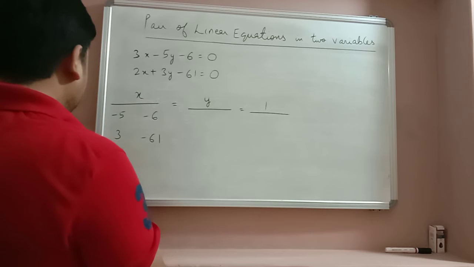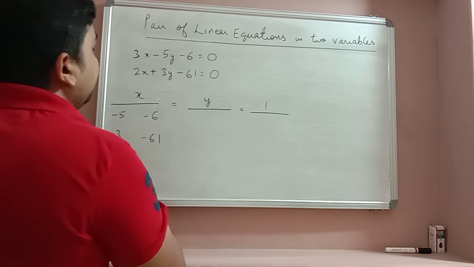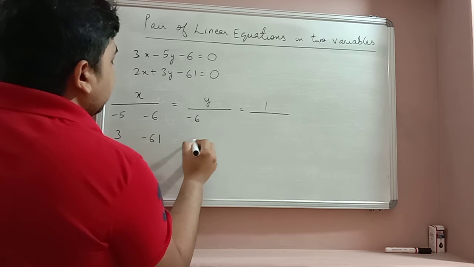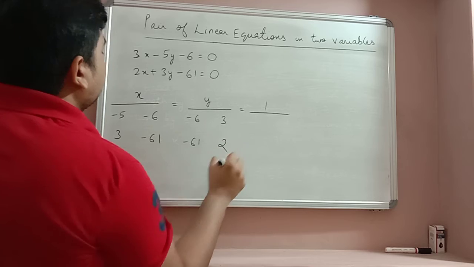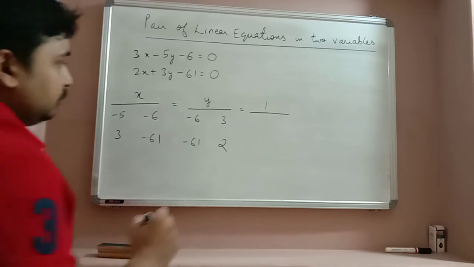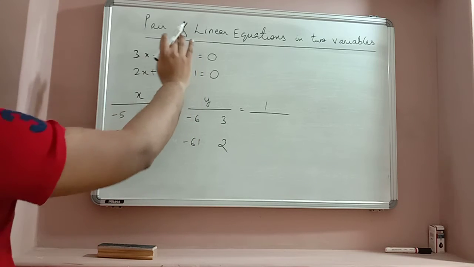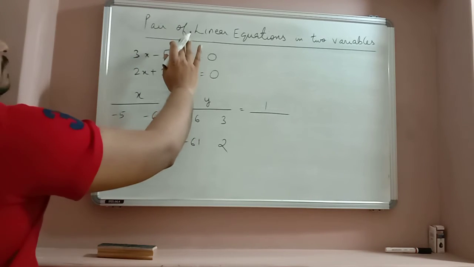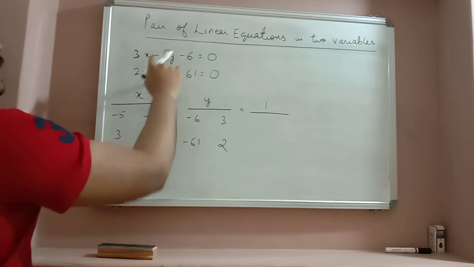Then below y, we will write down minus 6, minus 61, and then 3 and 2. And below 1, we will hide the constant terms and write down 3, 2 and minus 5, 3.